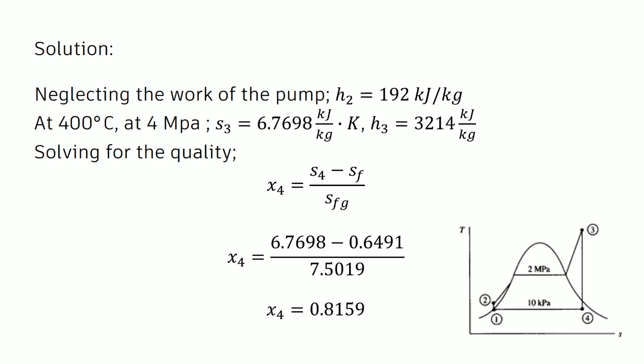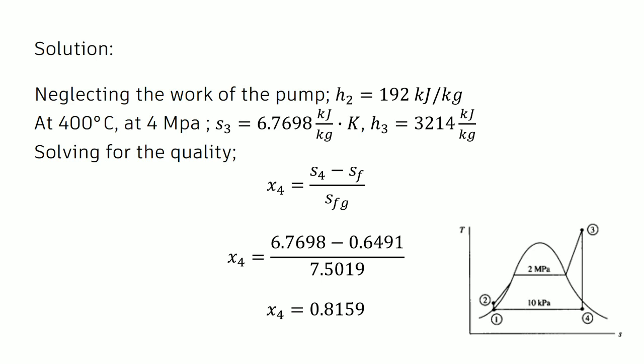And at 400 degrees Celsius, we just increase the pressure of the boiler, but the temperature remains the same, which is 400 degrees Celsius. So at 4 megapascals, if you have your property table, please locate this.